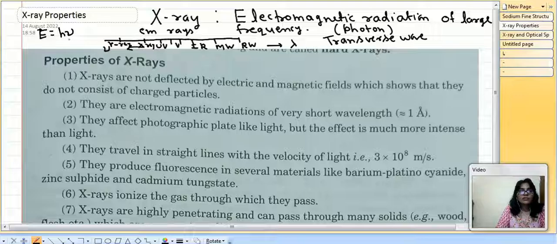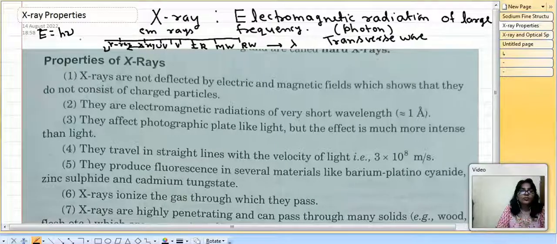These high frequency radiations are harmful for us, and for animals and plants also, because they penetrate inside our body.